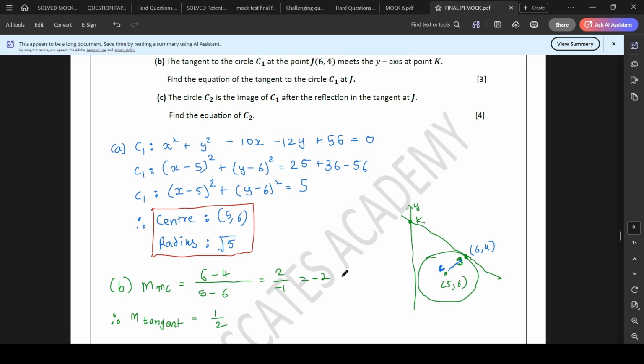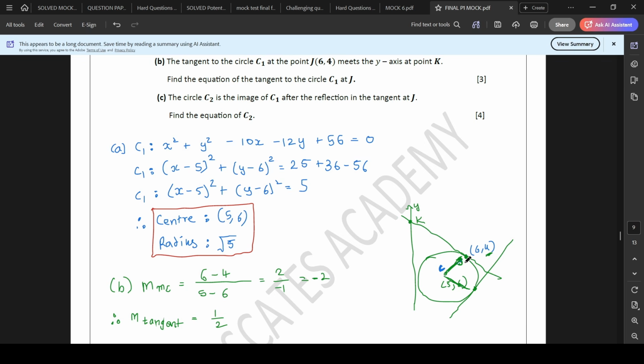You can see that based on our diagram, we got a negative gradient for this and a positive gradient for this, but it's fine. It is completely fine. The reason we are getting it like this is because 4, which is the y coordinate, should be less than 6, and this point is to the right. So that is why the gradient of the tangent would be positive and this gradient would be negative.